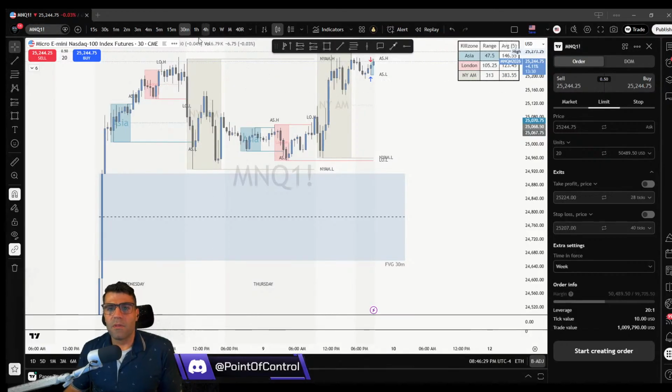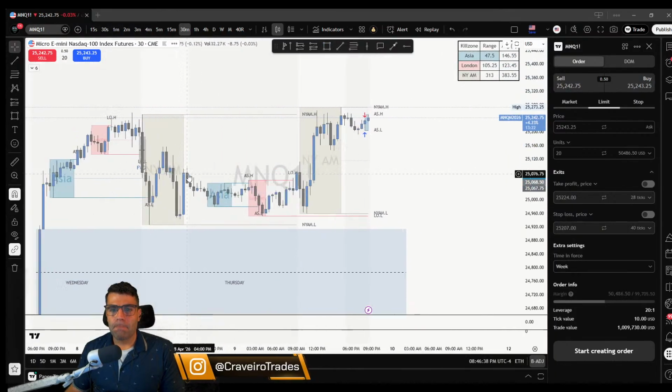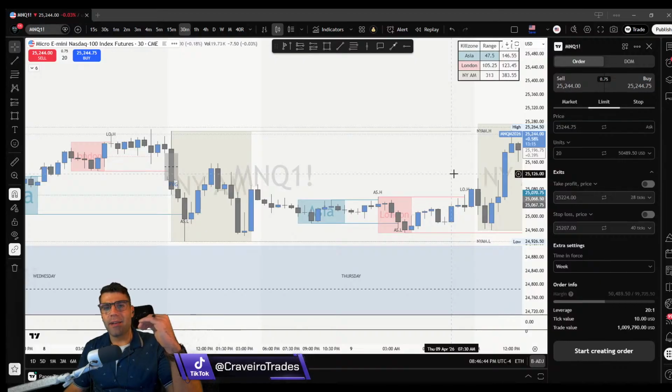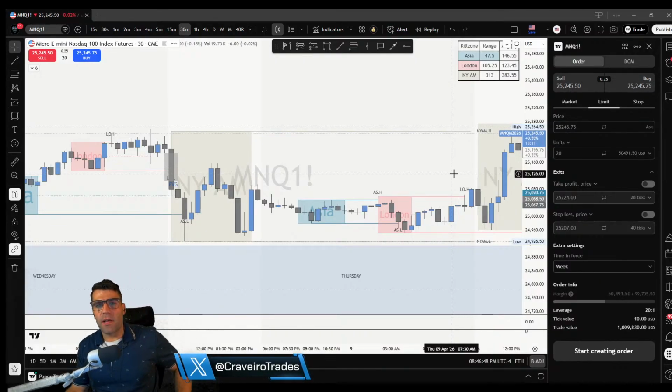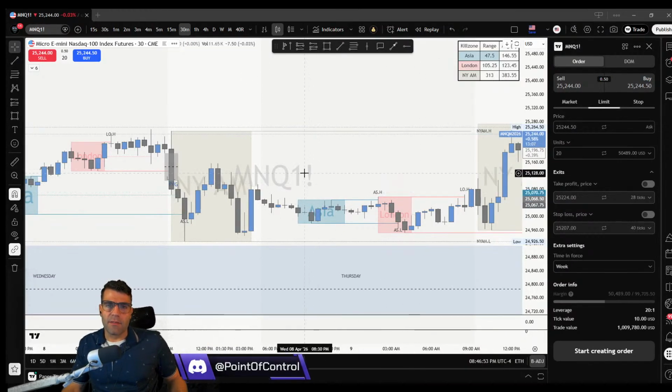So let me show you a good example of how a fair value gap played out. All right, right here we have a bearish fair value gap. Okay, and I'm a huge fan of 5 minute fair value gaps and higher. All right, a lot of those super low time frames, 1 minute fair value gaps or things of that nature, they don't hold a lot of weight and they consistently will fail. That's a very small amount of time.